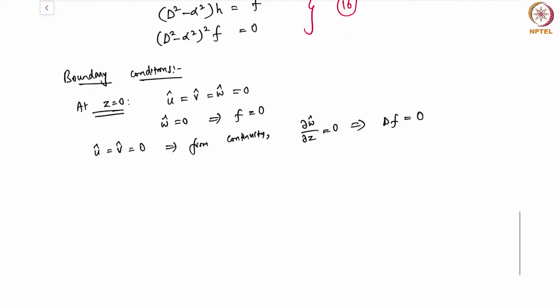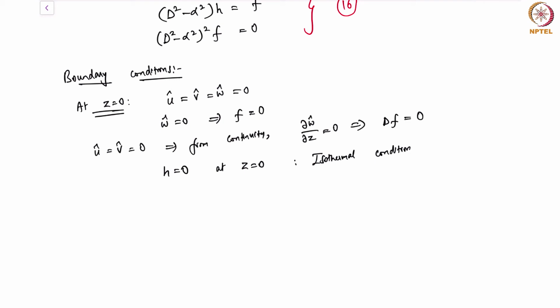And finally we say that h is equal to 0 at z equal to 0, and this means that we have an isothermal condition. The temperature of the bottom wall is absolutely fixed.